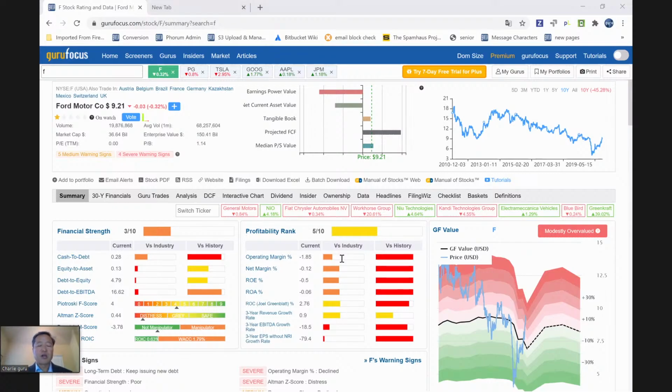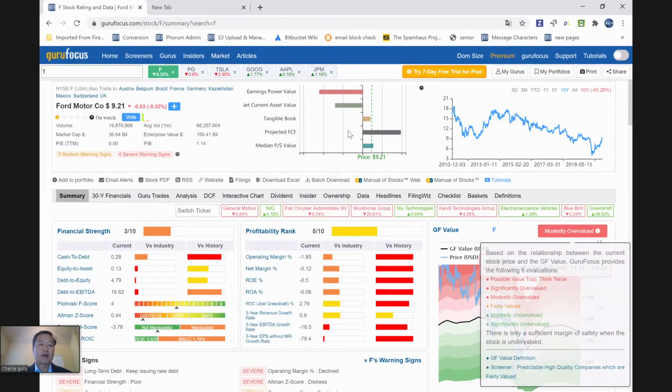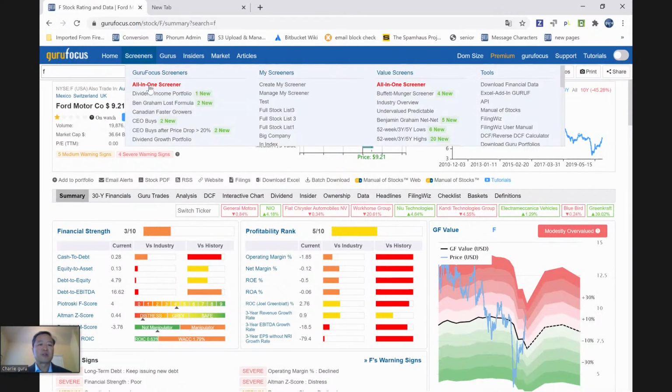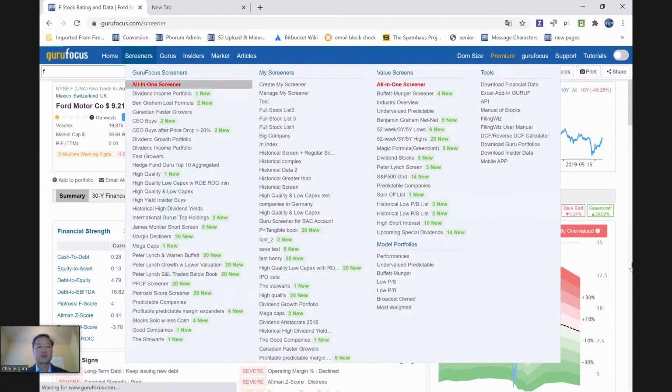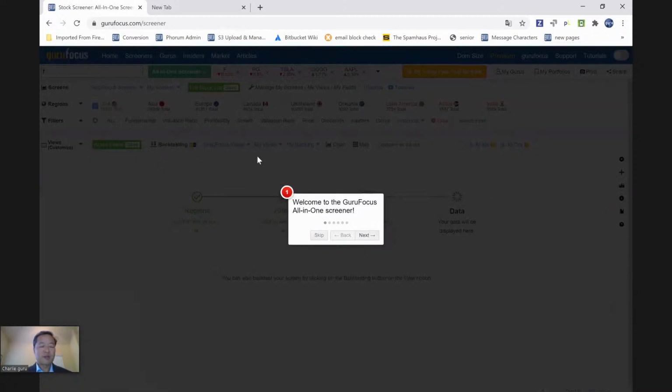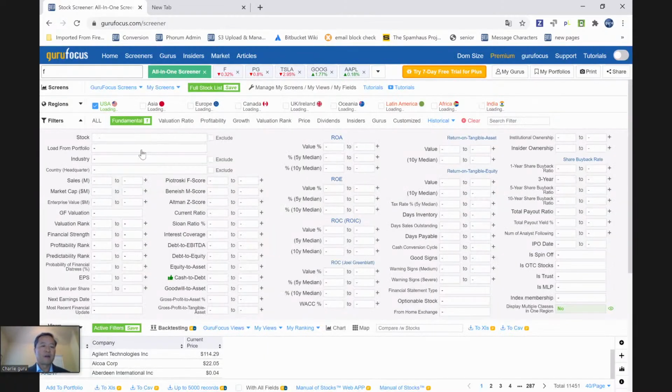Okay, now, after talking about the summary page, I will go through the all-in-one screener again, because when we talk about overvalued stocks and undervalued stocks, and where to find them, use our all-in-one screener. I think it's the most powerful screener on the internet. It covers any fundamental ratios you can think of, and also some technical parameters.